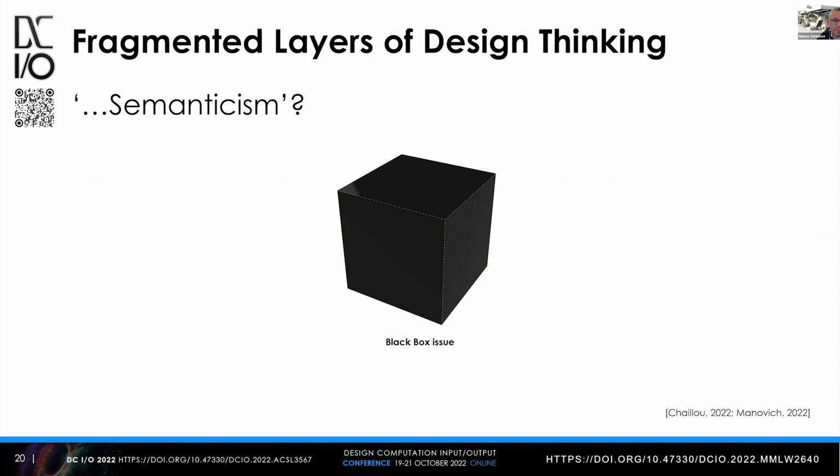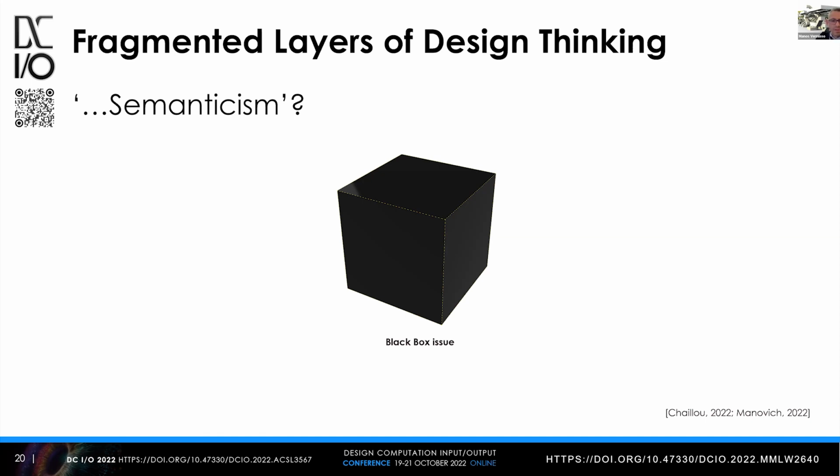I just want to end with a comment about the emergence of what has been called, in its very early form, a semanticism: the adoption of neural language models as generative tools, and a removal or a distancing from prior grammatical computational logics, as has been identified by Stanislas Chailloux recently.